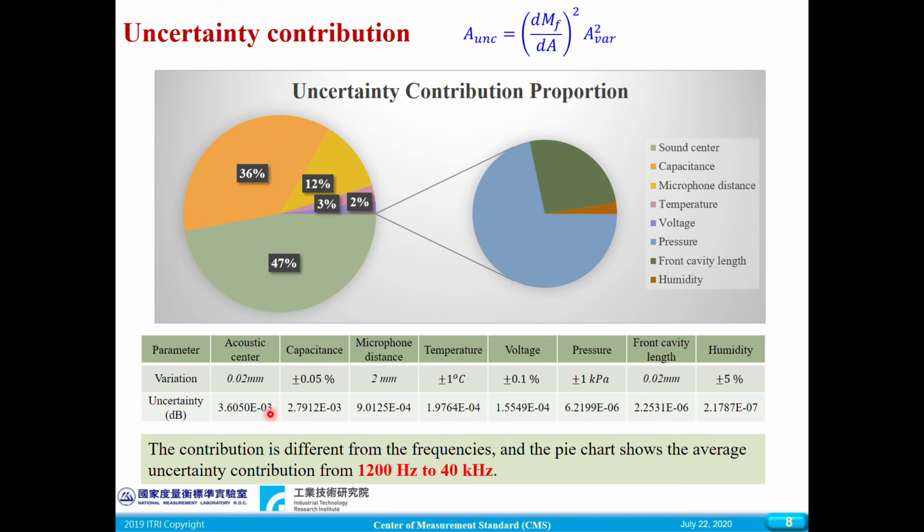And so, after the uncertainty is calculated, we can get the contributions, which vary in magnitude. For instance, the acoustic center and capacitance are on the scale of 10 to the power of -3, where they offer over 80% of the uncertainty contribution in the system.